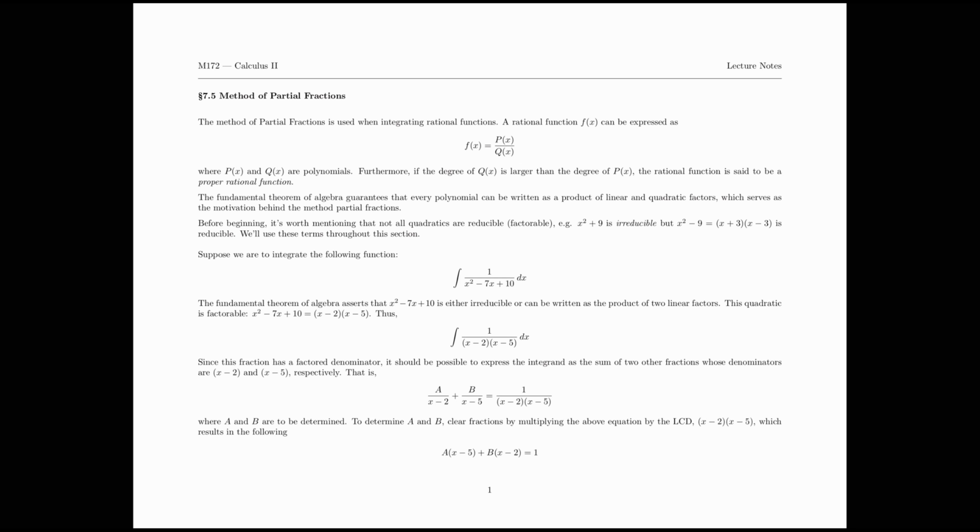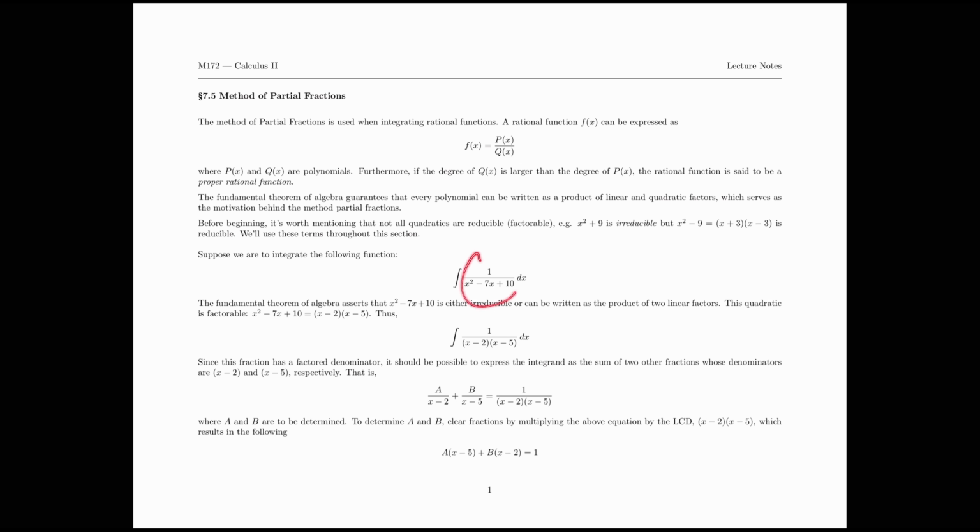Okay, so the basic idea for partial fractions decomposition is you are given an integral of some expression, and that expression either literally is a rational expression, or it can be, maybe under a change of variables or substitution, made into a rational expression.